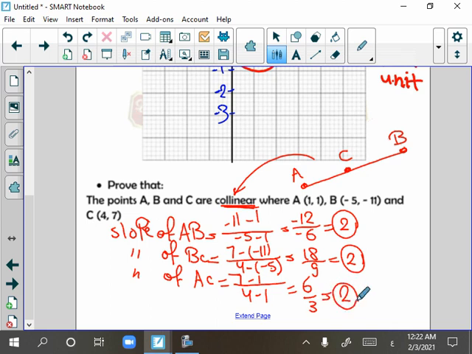Then all of the slopes equal 2, so we can say that A, B and C are collinear.